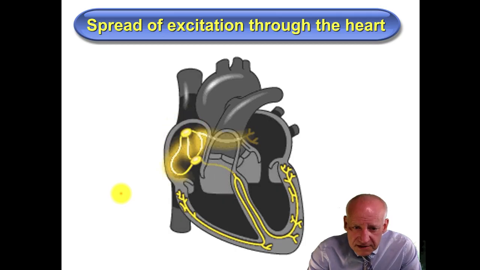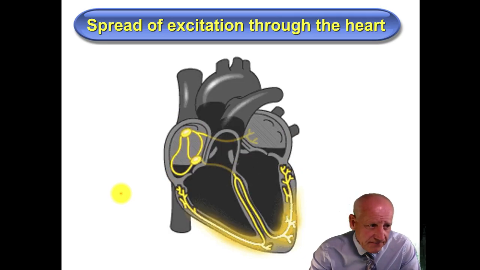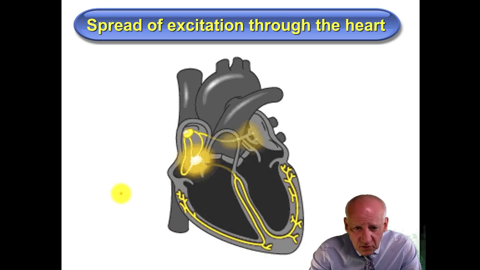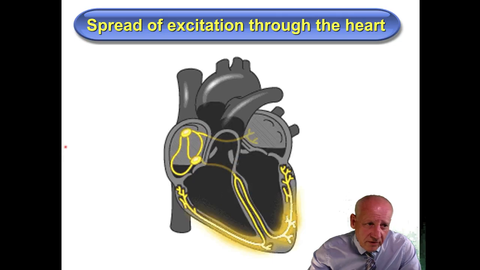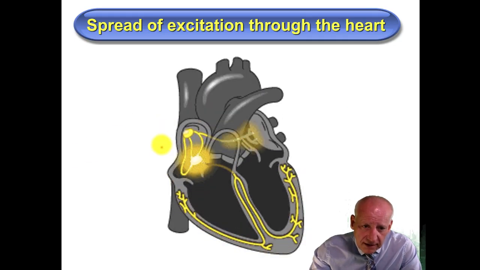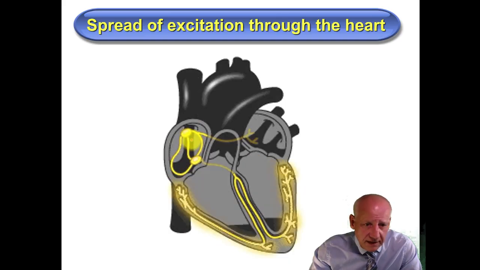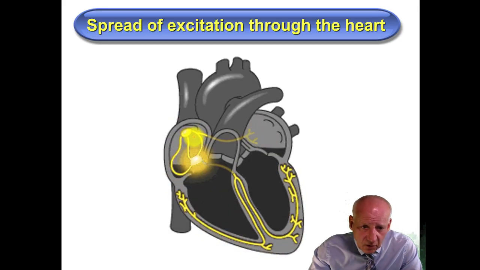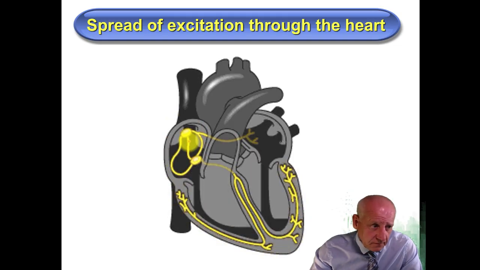So let's take another look at that little animation of the heart and the conduction system, and let's point out a few important components. First, note that excitation normally begins and spreads in a unidirectional manner from the SA node, and that local excitation initiates local muscle contraction.